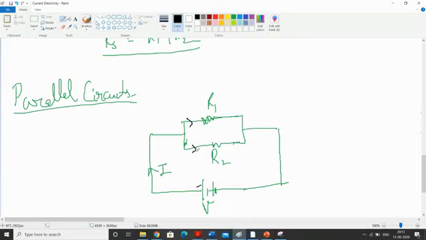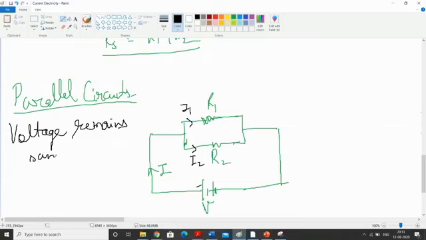And see what happens here: the current gets divided. So current gets divided in parallel connections, but the voltage remains the same.